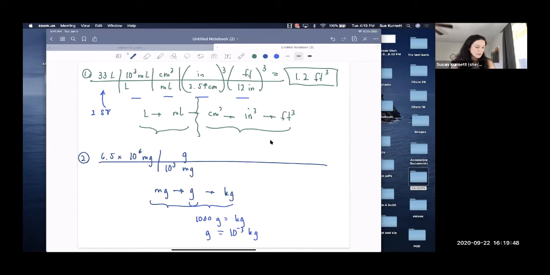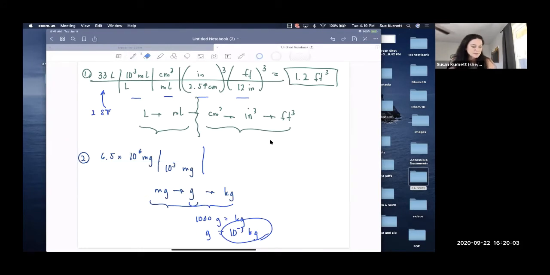So that's what I'm thinking, but I want to combine these into one step. I'll just put my 10 to the negative 3 up here. So what I have in the denominator is a gram, and what I have in the numerator is a gram. So I'm multiplying by some variation of 1. If that makes sense, excellent, great.